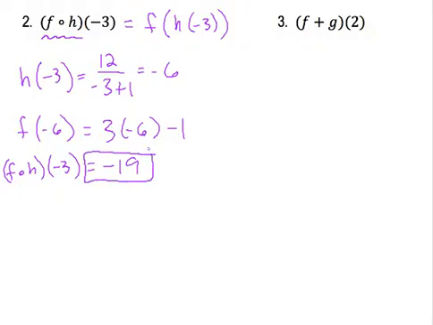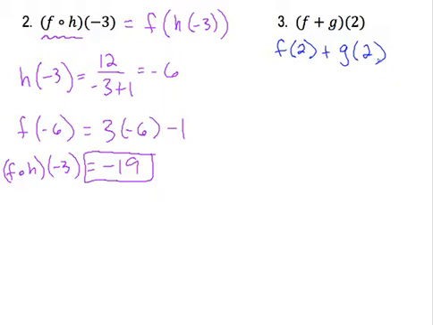All right, so that was a function composition. A function operation would be like number 3 if we're adding, subtracting, multiplying, or dividing. Here we are adding, and we're going to add these two functions together. So you can think of this as f of 2 plus g of 2.